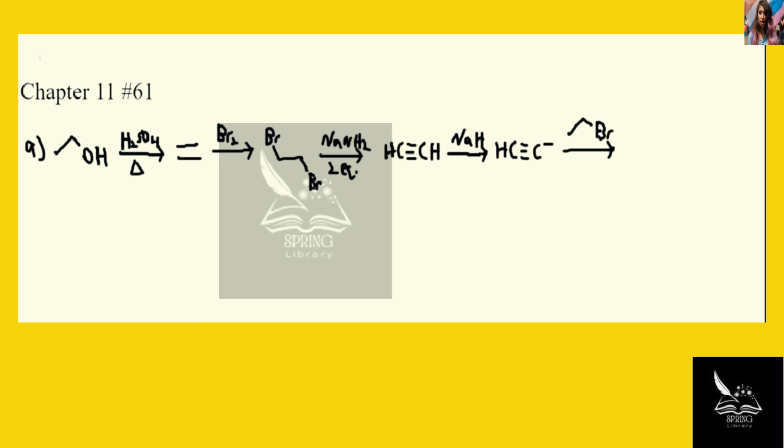I should include, I'll put it down here, that this ethyl bromide could be made from ethanol and PBr3. It did say we were only allowed to start from ethanol, so there's a way to make something that we need from ethanol.